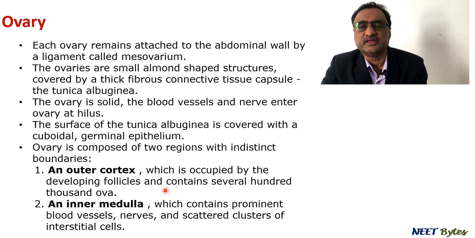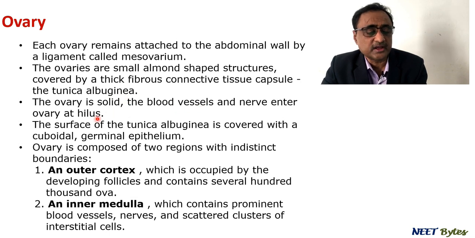Let's talk about the ovary. You see, each ovary remains attached to the abdominal wall by a ligament called mesovarium. These are small rounded structures covered by a thick fibrous connective tissue capsule, and this is actually known as tunica albuginea. The ovary is solid. The blood vessels and nerves enter at the hilus.